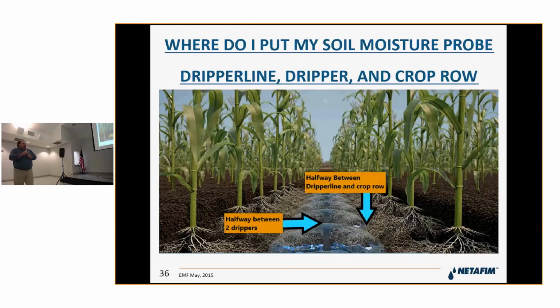I need to find between two drippers, and an area that's probably 8, maybe 10 inches away from the dripper line. That's a good predictor. So the 8-inch rule, away from the dripper line and near the crop row and in between two drippers, is where our recommendation is. That makes sense? Questions about that?